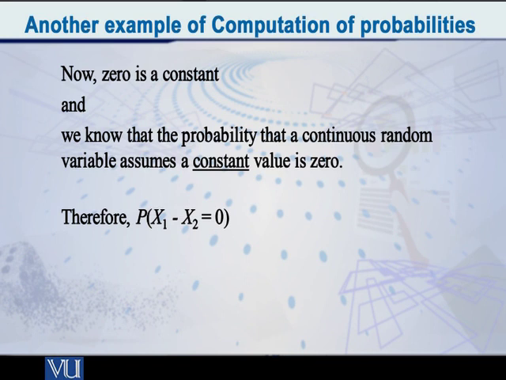Continuous random variable है ना, it's not discrete. Continuous random variable किसी एक particular constant value के बराबर तो हो ही नहीं सकता. It is always in an interval. So therefore, the probability of x1 minus x2 is equal to 0, in other words, the probability of x1 is equal to x2, is equal to 0. ये हुई एक और इंटरेस्टिंग बात.